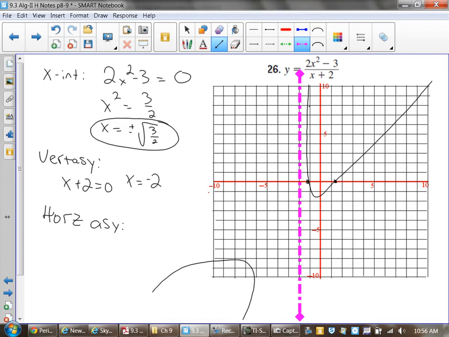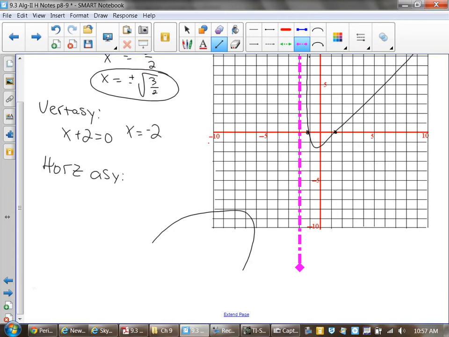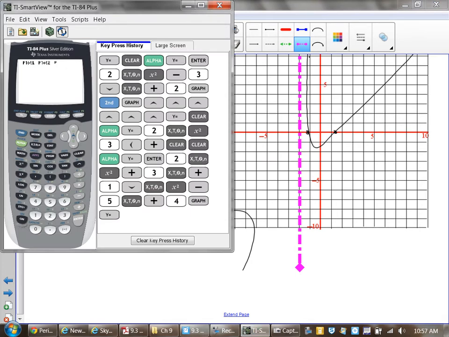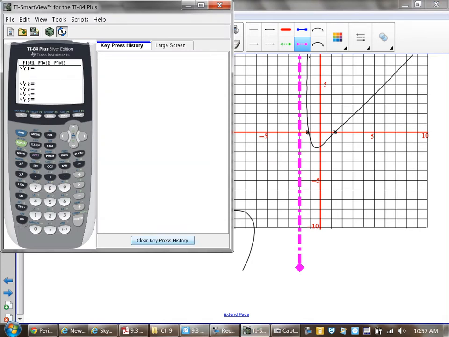When you get to the point of graphing, and you're looking at your table, this example we have, what was it, 2x squared minus 3, divided by x. Hold on, I can't type that fast.